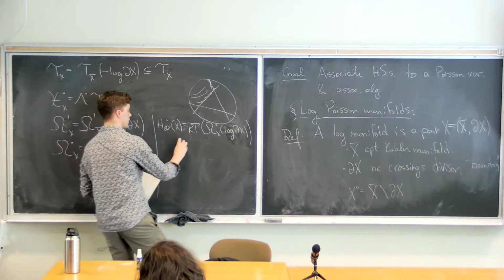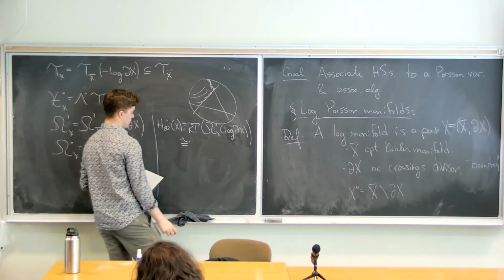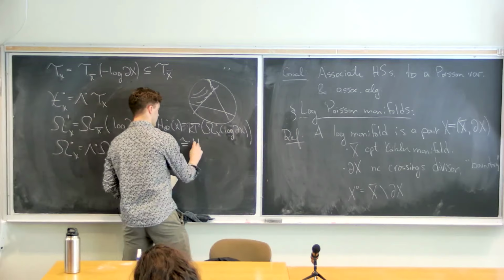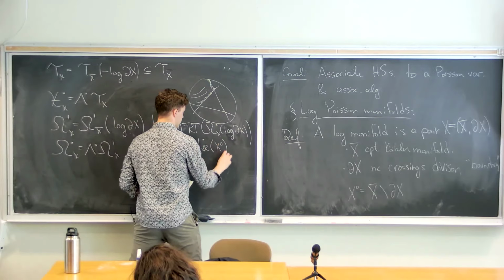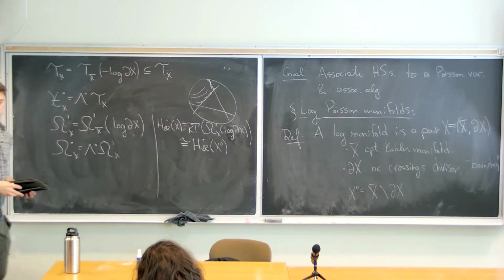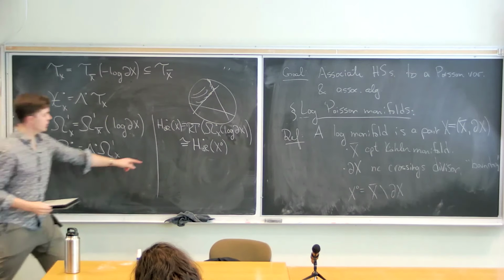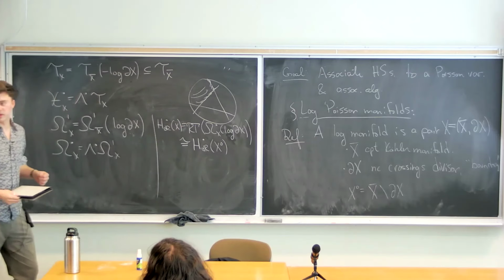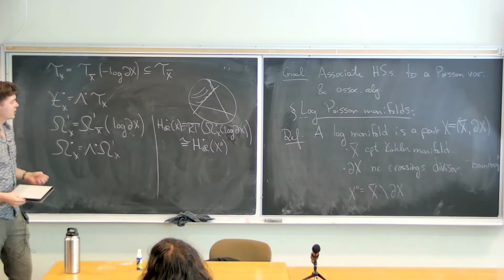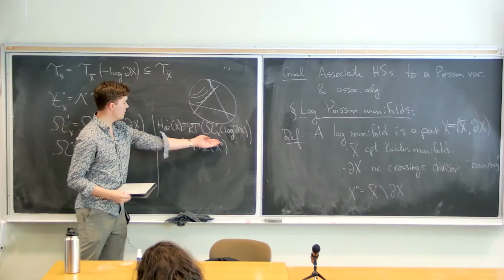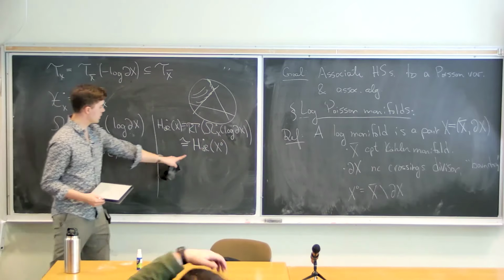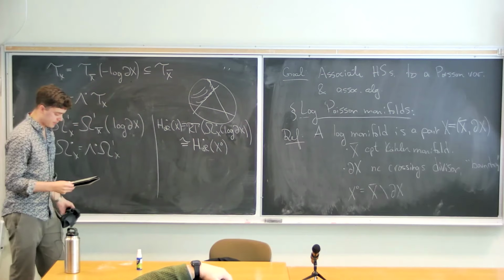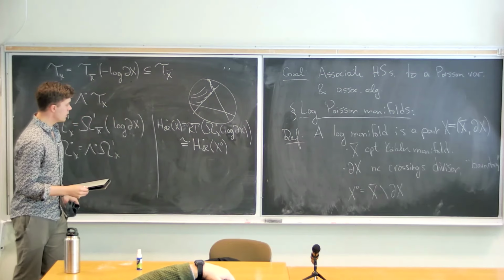And as Deligne tells us, this is actually just isomorphic to the de Rham cohomology of the interior. All right. So if you haven't seen this before, this is incredible. But right, I'm saying the log forms on the compact thing, their de Rham complex computes the de Rham cohomology of the interior. Okay.